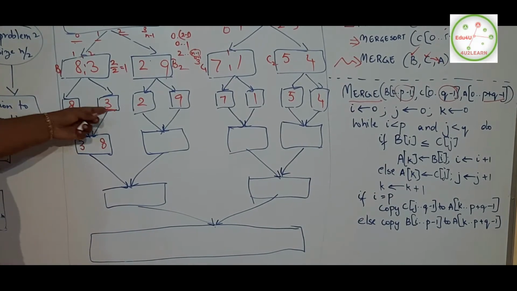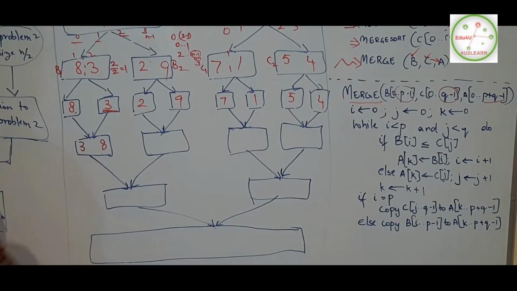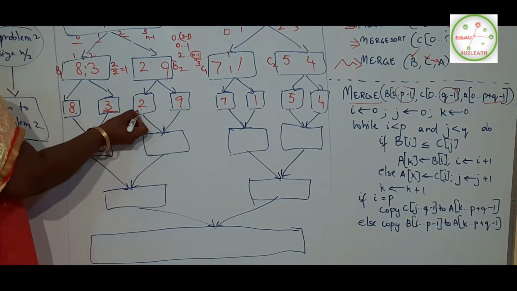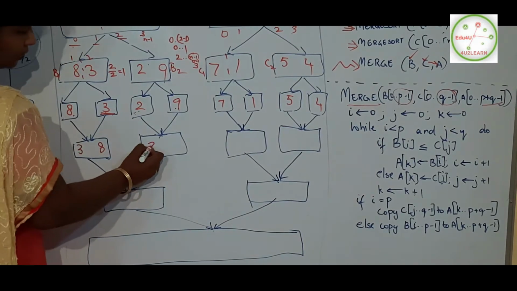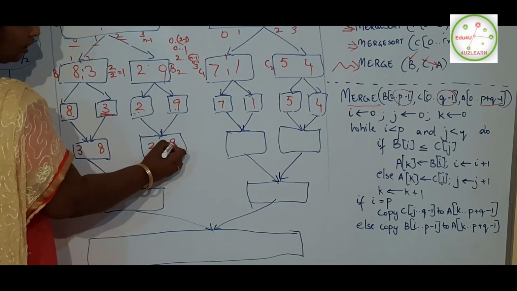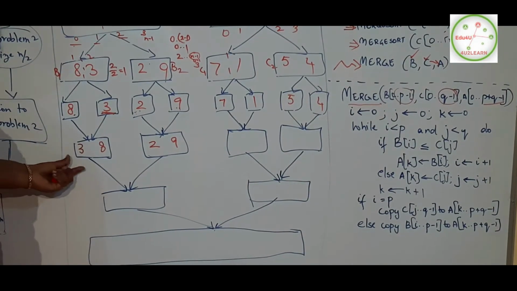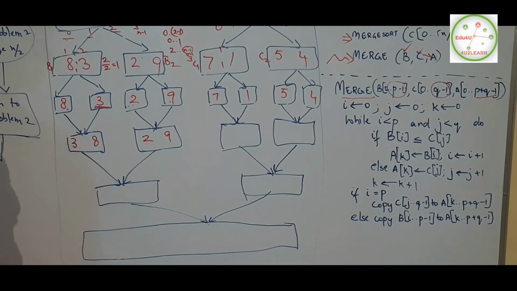So combining these two, we find that this is in sorted order. When we compare these two elements, 2 and 9, what happens? 2 is supposed to be the smallest number, then 9 is going to be the bigger number. Then comparing these two problems which are being combined, what are we going to do?